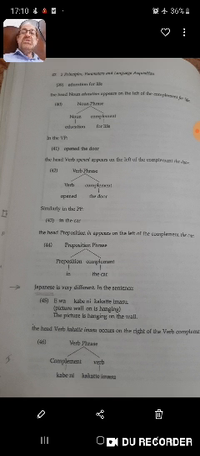Those languages where, for example, the preposition appears before, and those languages where the preposition appears after. So we have postposition instead of preposition in those languages. Postposition.